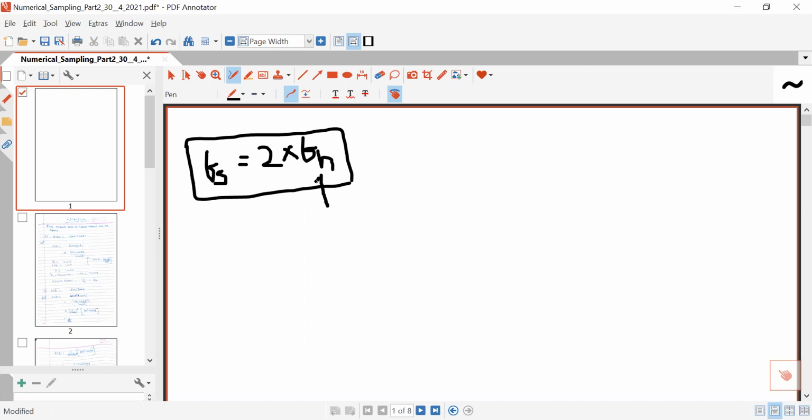Here fh is the maximum frequency component present in the original signal, and fs is the minimum sampling frequency, also called the Nyquist rate.